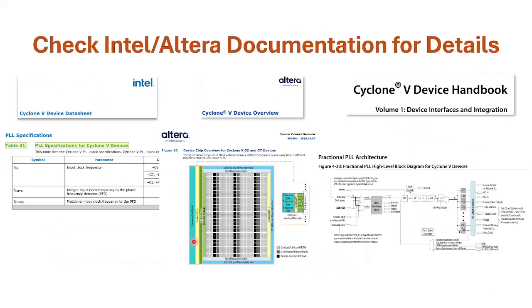Before looking at how exactly to add to our projects an IP like the PLL IP, one should really go and search and dig into the documentation about that IP. And Intel-Altera documentation can be quite messy. There are lots of old and new documents, including data sheets, device overviews, handbooks, and many others.